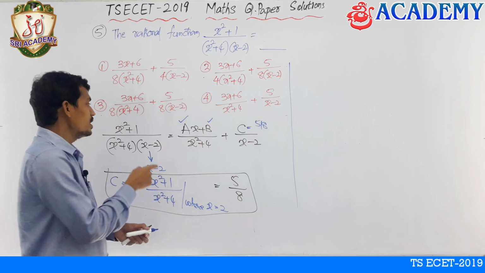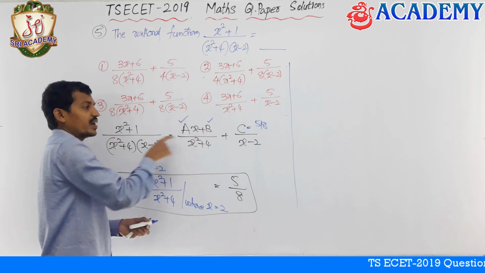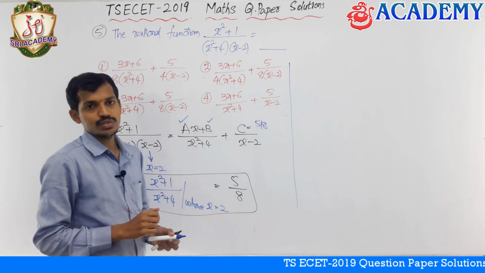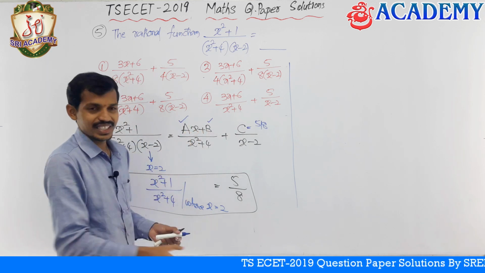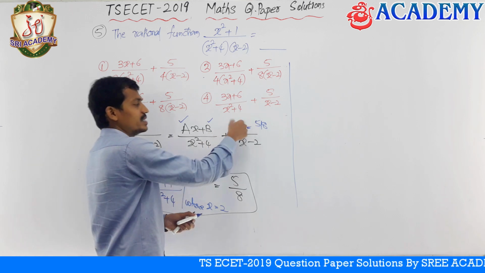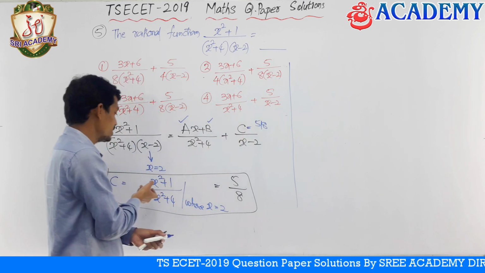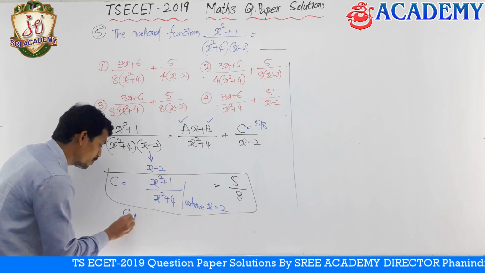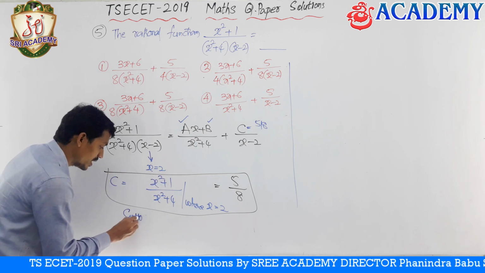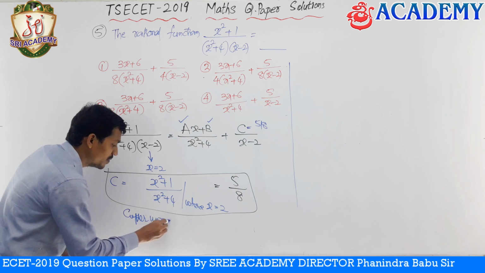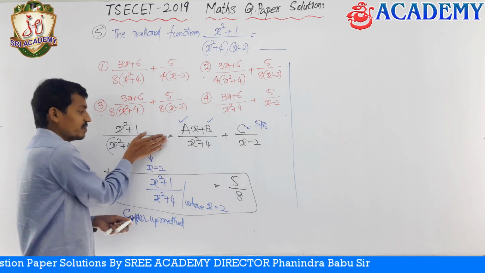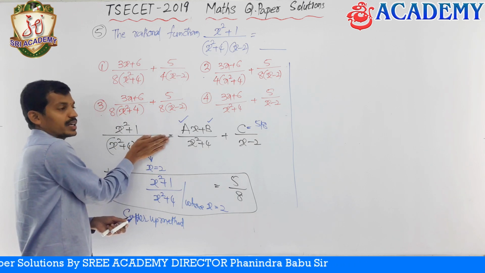Here you found the C value, but indirectly we have 3 unknowns. To solve 3 unknowns, 3 equations are required, but we can find the linear factor's answer directly by using a shortcut. This is called the cover up method. What we are covering is whatever factor is there, we are covering it up.